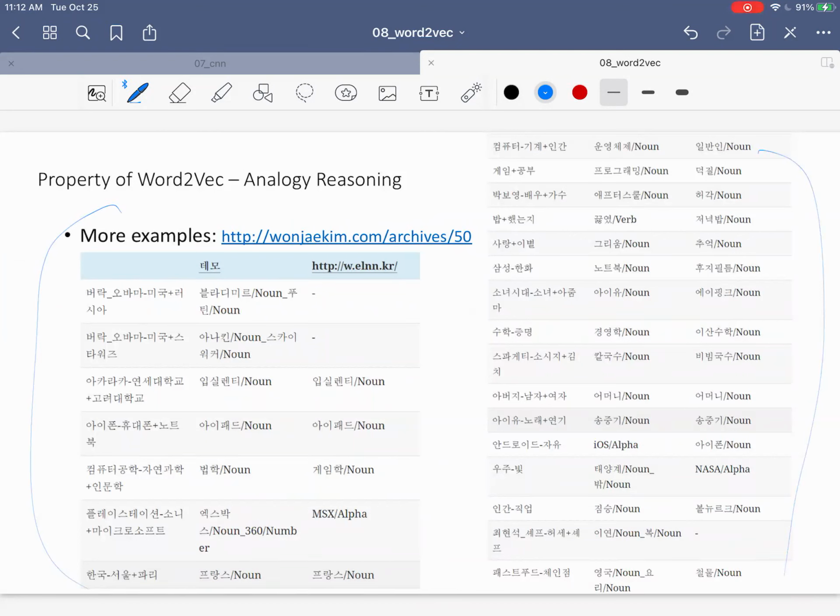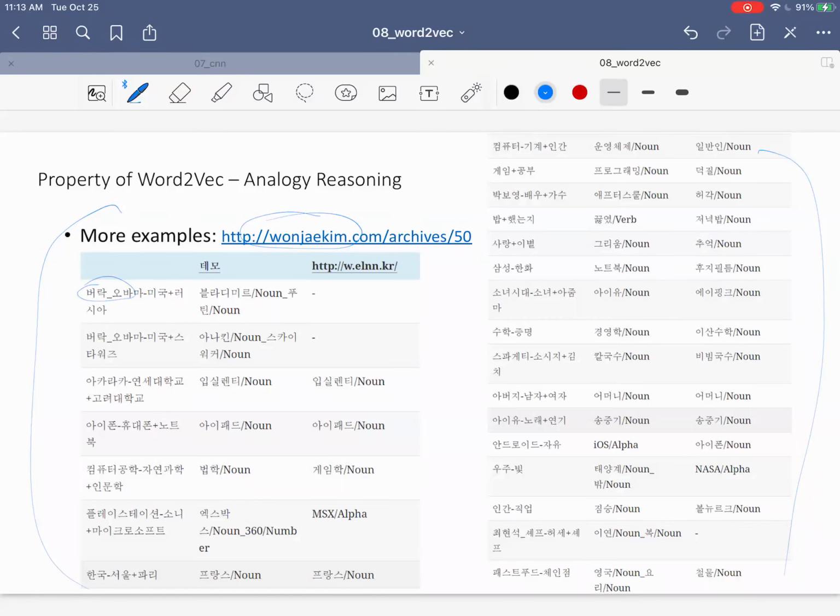The author of this is, I actually borrowed it from another researcher, Won-jae Kim, who is now a researcher at Naver. This came out probably maybe 5 to 7 years ago, 2014 or 2015, and you can see that it works pretty well.